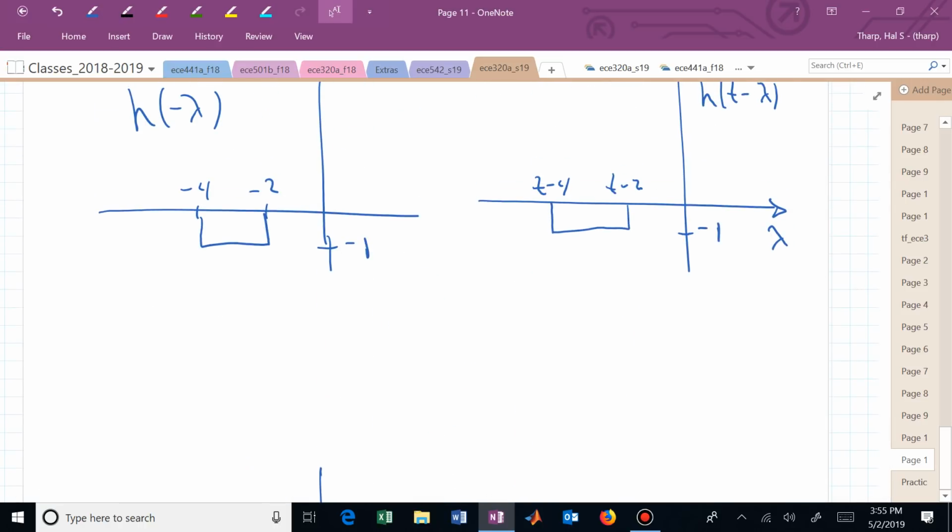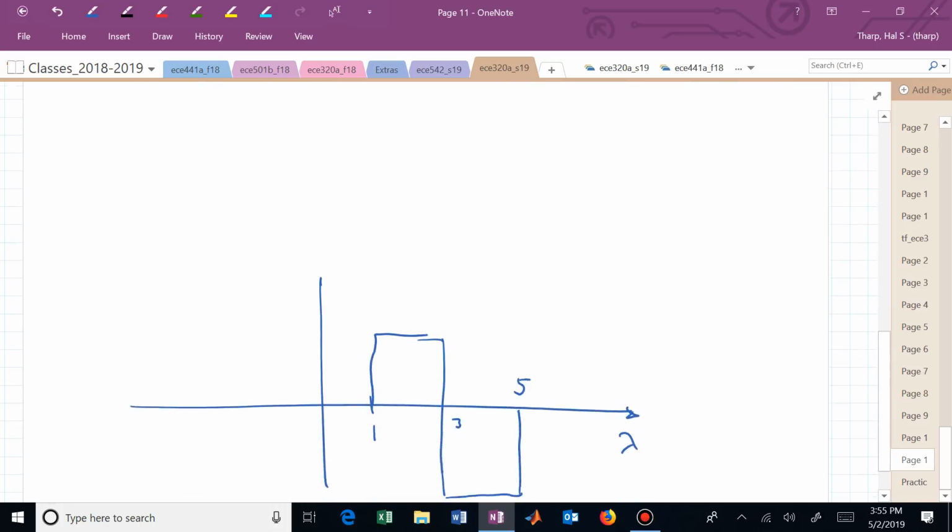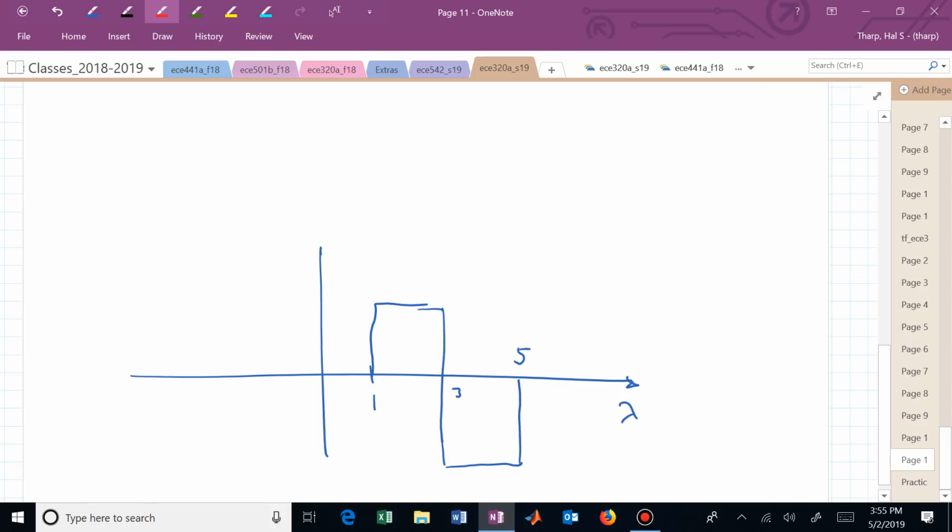At t equal to 4, do you see that this rightmost endpoint will be at 4 minus 2, or at 2? So we are asking what's happening when this guy is between this picture. How wide was I? 2.